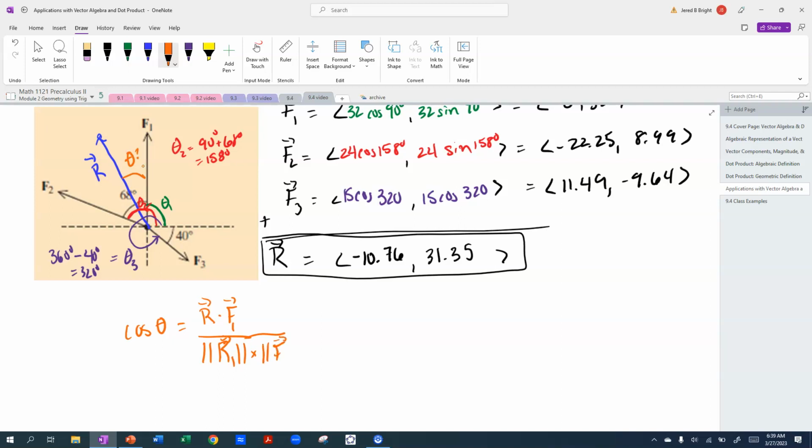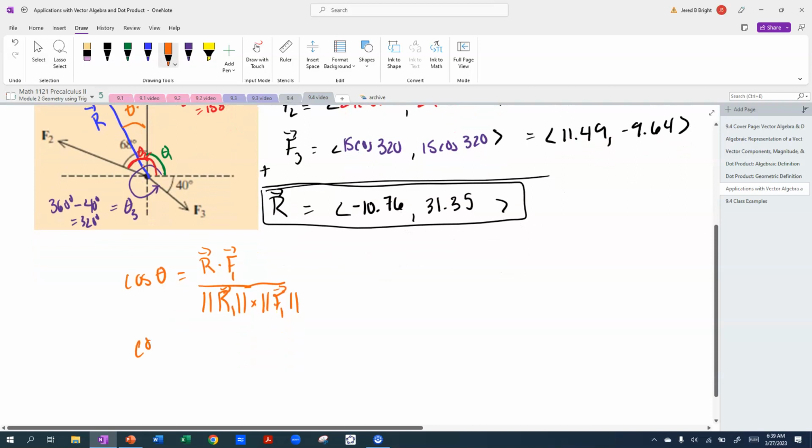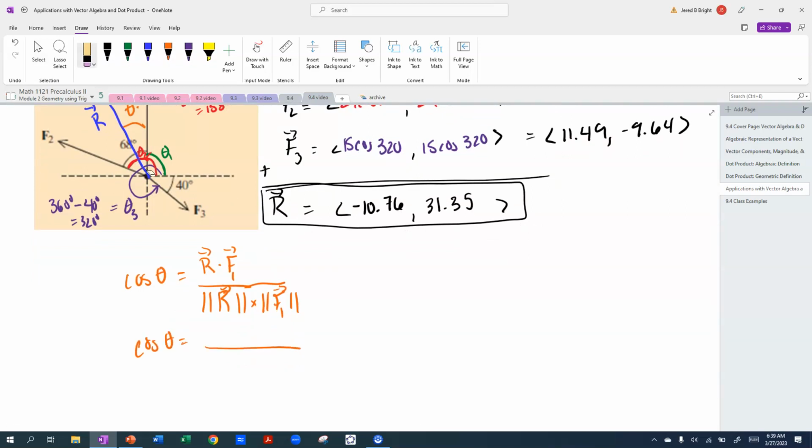I know some of this. Cosine of theta is equal to the dot product of R and F1 over the magnitudes, and F1 was 32. So that's nice.